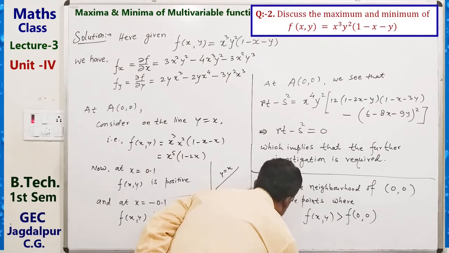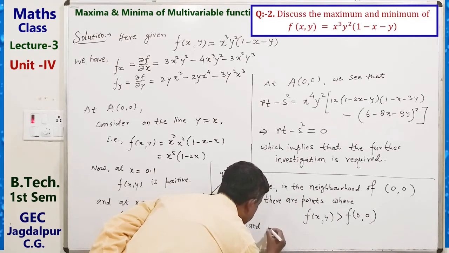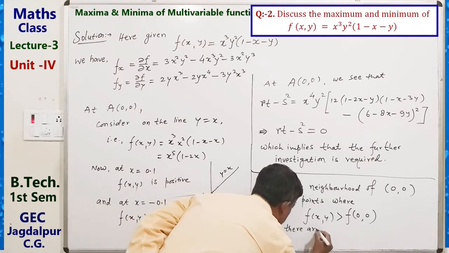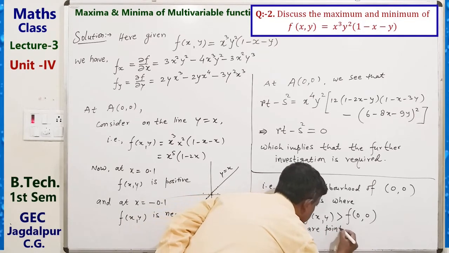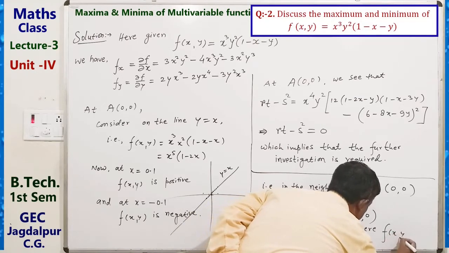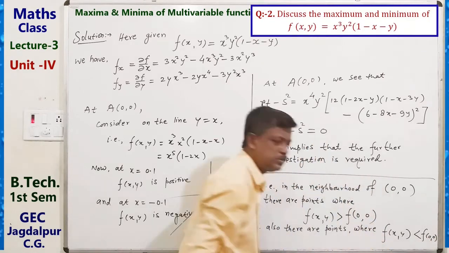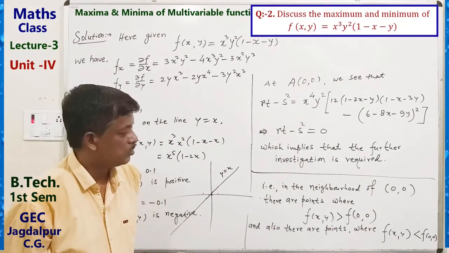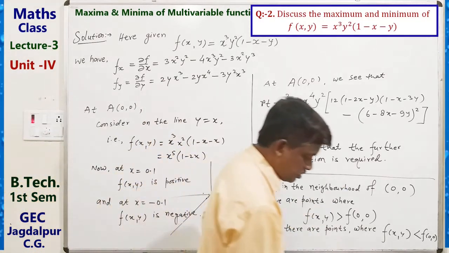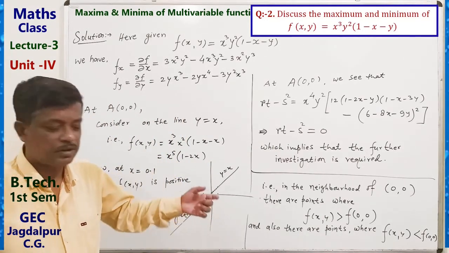And also there are points where f(x, y) is less than f(0, 0). f(0, 0) means 0, so less than 0 is negative and greater than 0 is positive. Okay, that means neither maximum nor minimum.